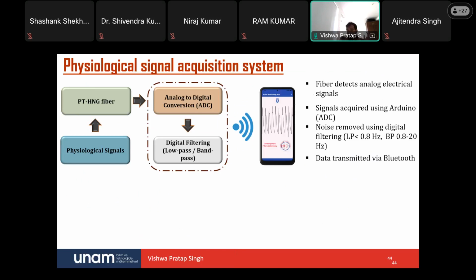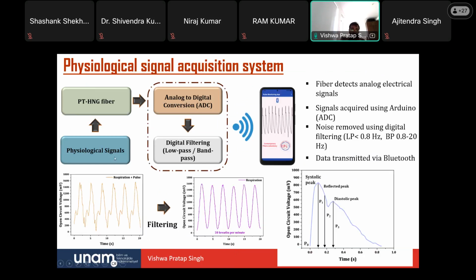So again, we did the same thing with the Arduino, and the same system we use, and there is one open access software that we can use. They actually filter the exact data to get the equivalent pulse rate or respiration data.